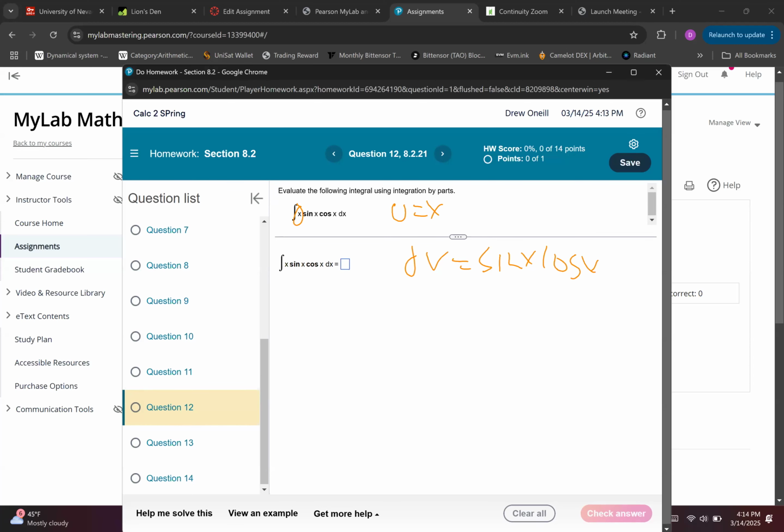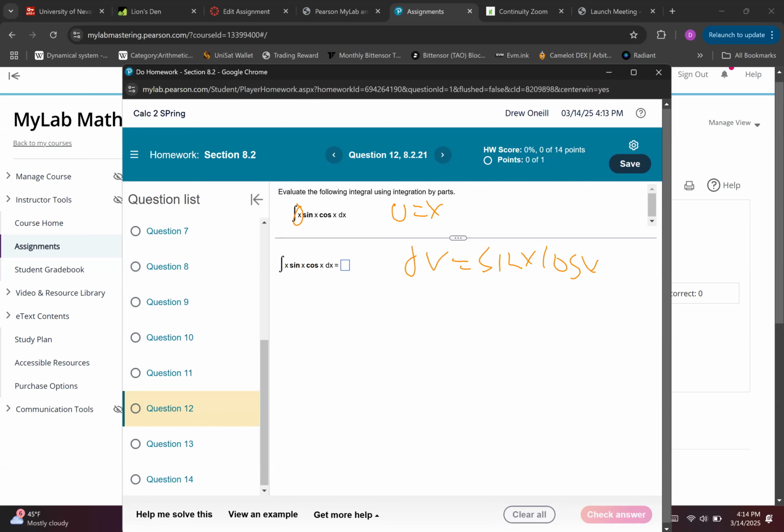Say, let dv be x, and then let u be this. You just have to figure out which one works. So it's trial and error. But again, this is a section where you really don't want to skip over how we're solving it. You don't want to just be like, okay, I get it. Okay.